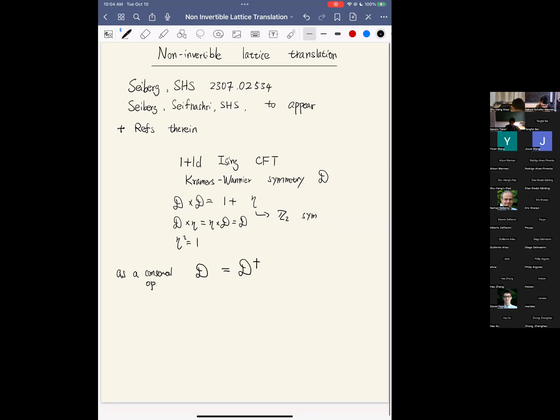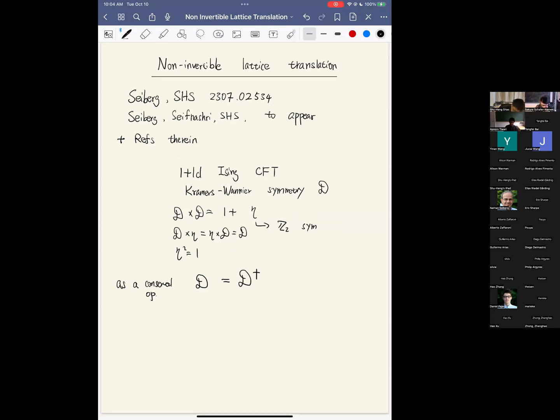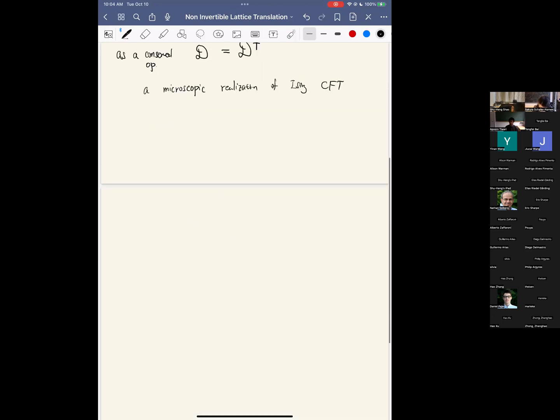All right, but that's not what I'm going to talk about today. Today, I would like to consider a particular microscopic realization of the Ising CFT, which is the transverse field Ising model, TFIM, or its abbreviation.